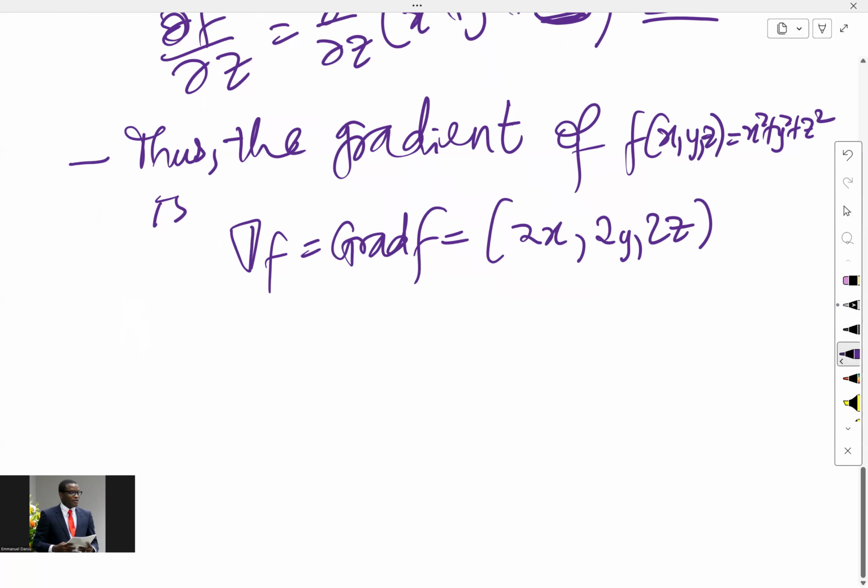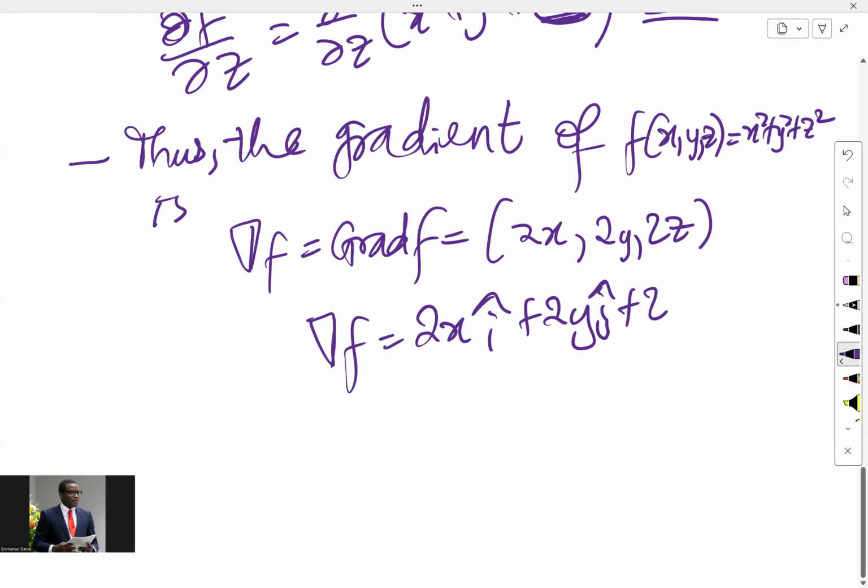That is also a vector representation. You can also write it as 2x i plus 2y j plus 2z k. So that is the idea of grad.